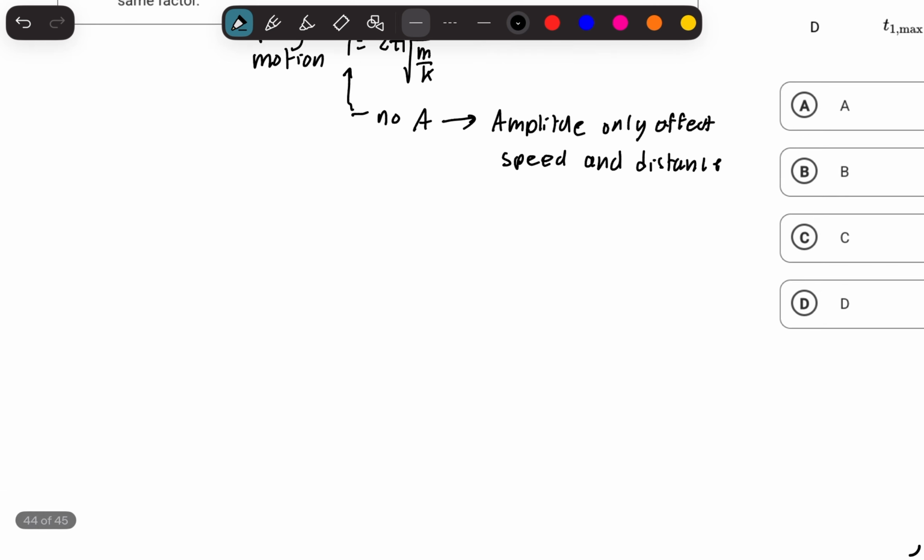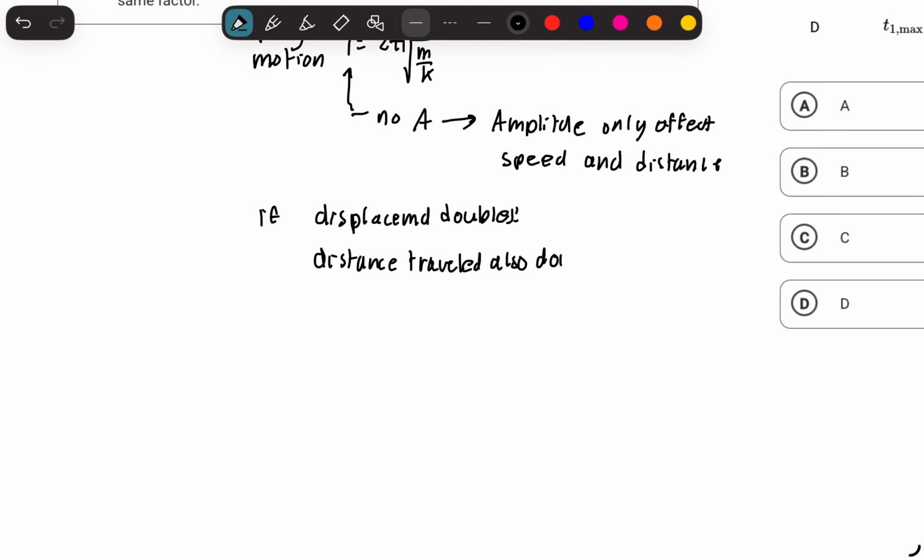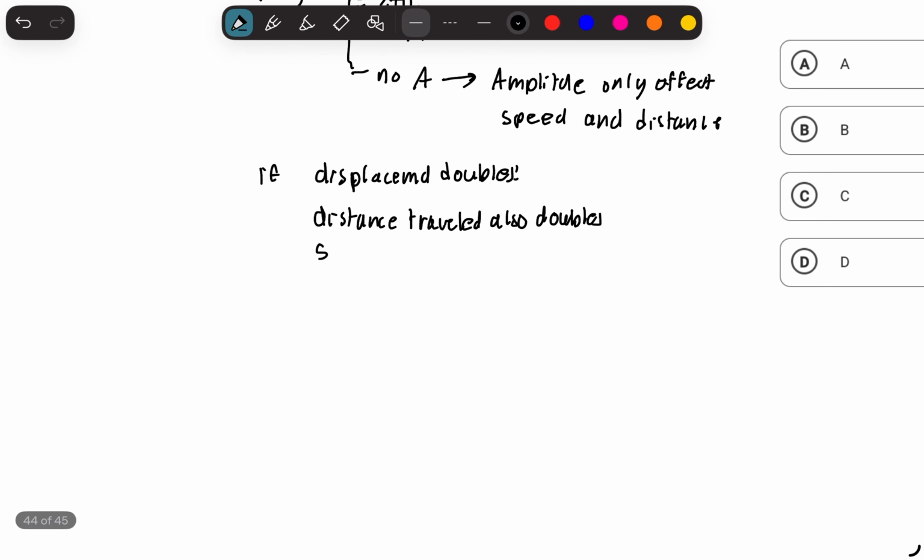So what we know is that if your displacement doubles, that means your distance traveled also doubles, and your speed also doubles.